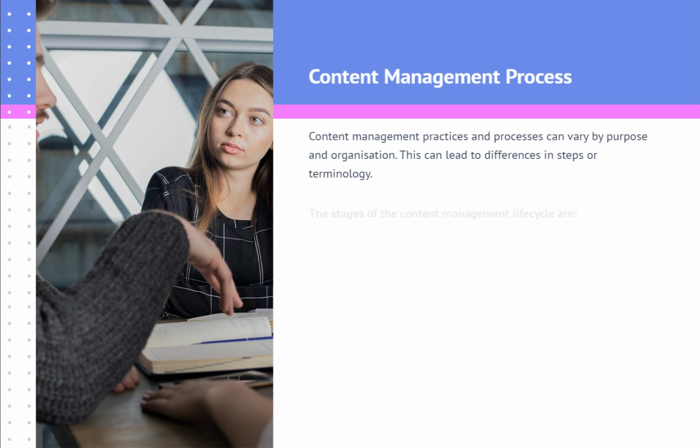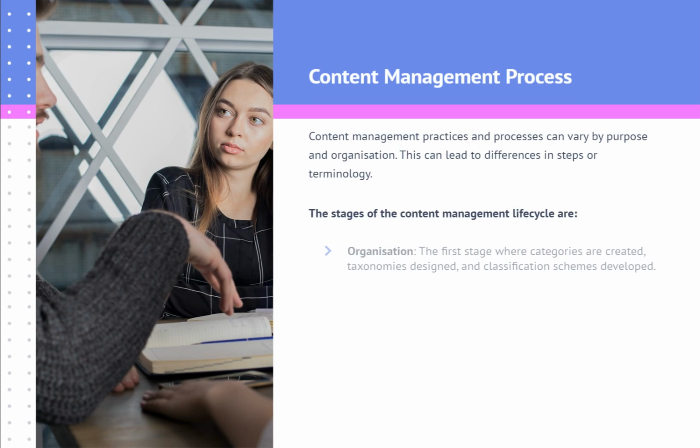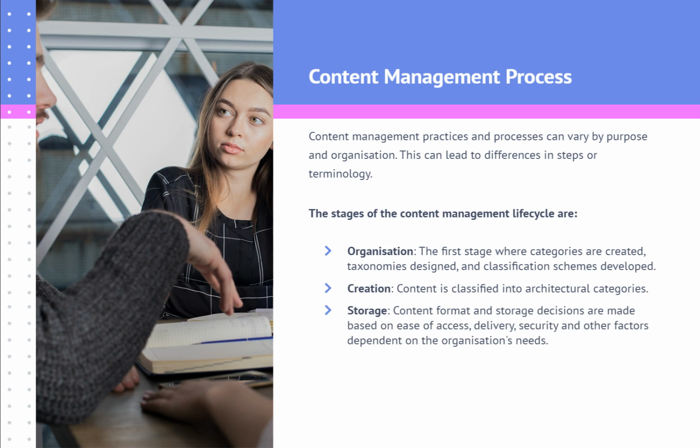Content management process. Content management practices and processes can vary by purpose and organization. This can lead to differences in steps or terminology. The stages of the content management lifecycle are: Organization, the first stage where categories are created, taxonomies designed, and classification schemes developed.